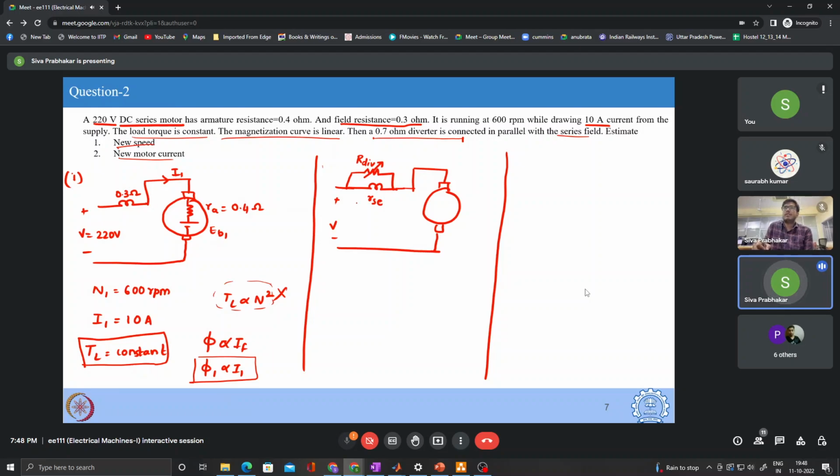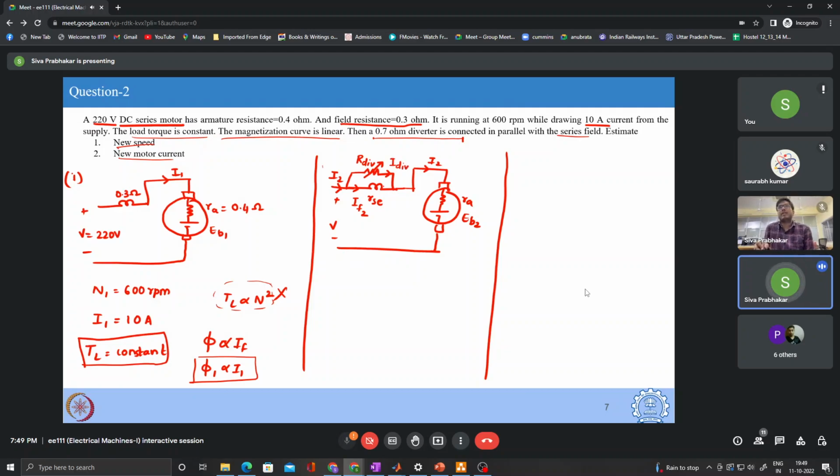And in this diverter, what will happen? There will be a current I2 coming, and that same current I2 will flow to the armature terminals RA and EB2. But here, the current flowing through the field resistance will be IF2, and the current flowing through this other path is through R diverter.